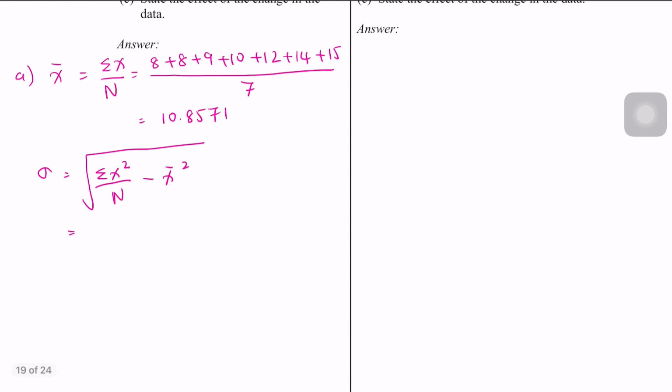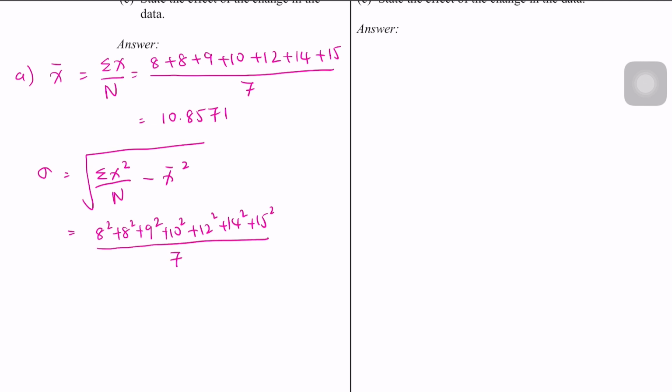So each of these values you square. We have 8 squared plus 8 squared plus 9 squared plus 10 squared plus 12 squared plus 14 squared plus 15 squared, divided by 7, minus your mean 10.8571 squared. Then we square root it.